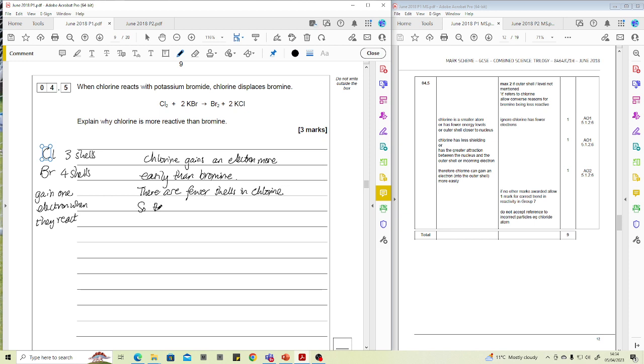So the nucleus attracts electrons in the outer shell. So you've got to say outer shell more easily.